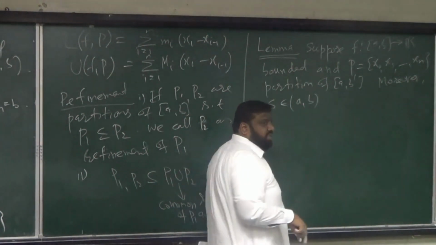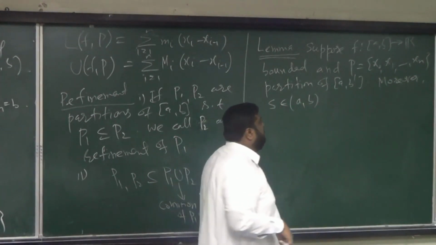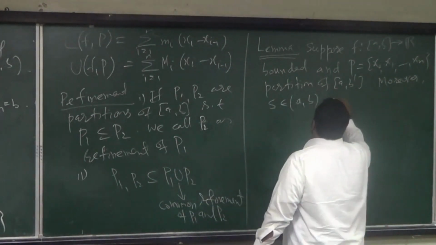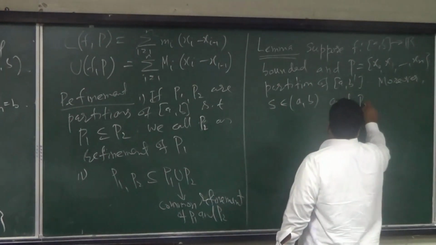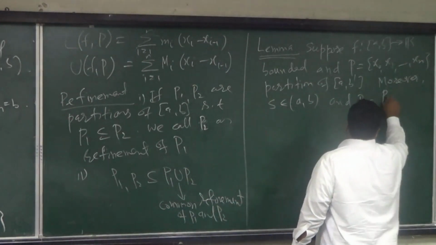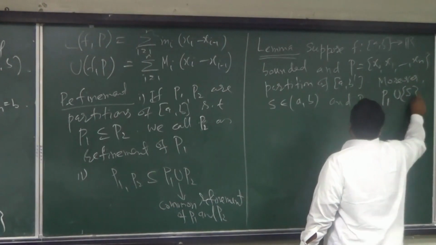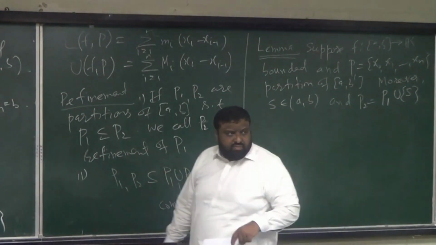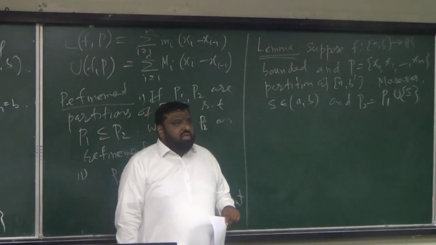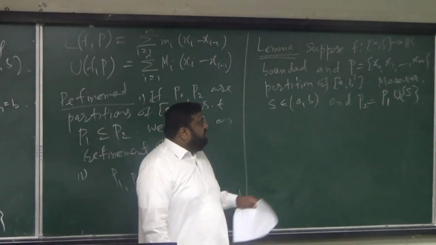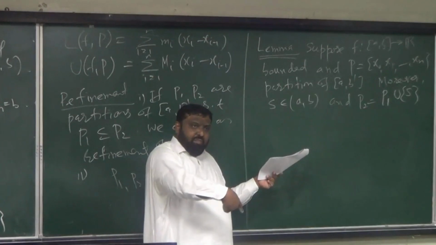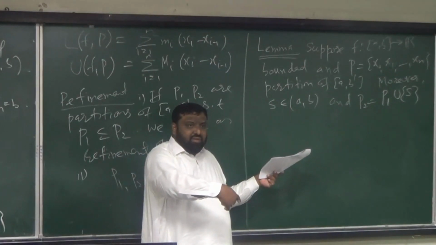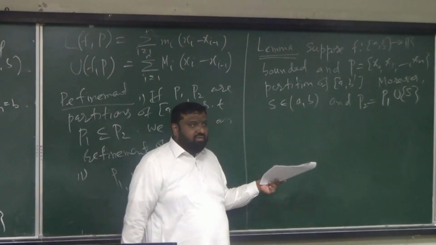It's between a and b, but it's not a and not b. And P2 is basically P1 union s. So what you are actually saying is that in the given partition you are adding a point somewhere in some interval.